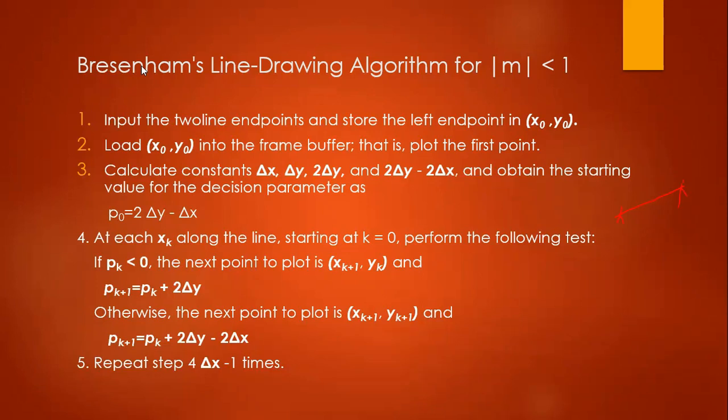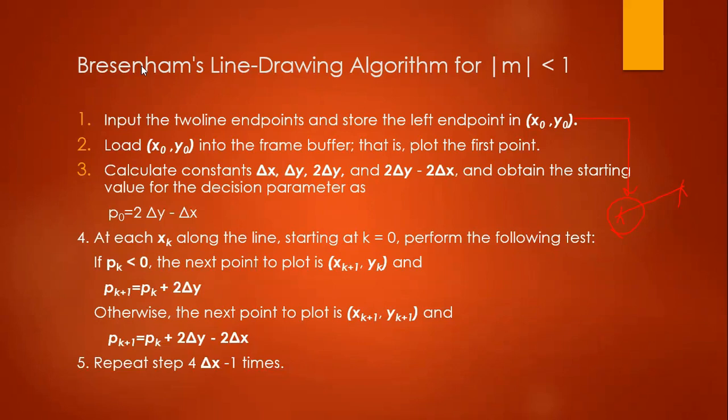A line segment has two endpoints; the leftmost endpoint is considered as x0, y0. Load x0, y0 into the frame buffer. That is, plot the first point.